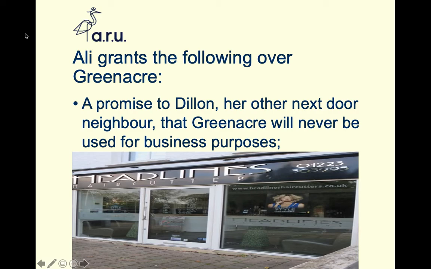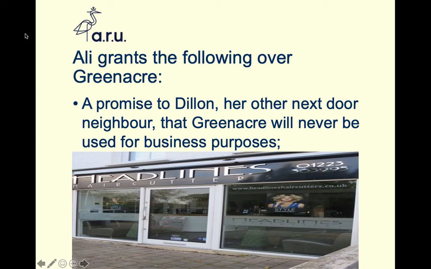So we have another interest being carved out by Ali's hold over the land. We have a promise being given to Dylan, another neighbour, that Greenacre will not be used for business purposes. So we have a promise restricting the use of that land and benefiting another party.